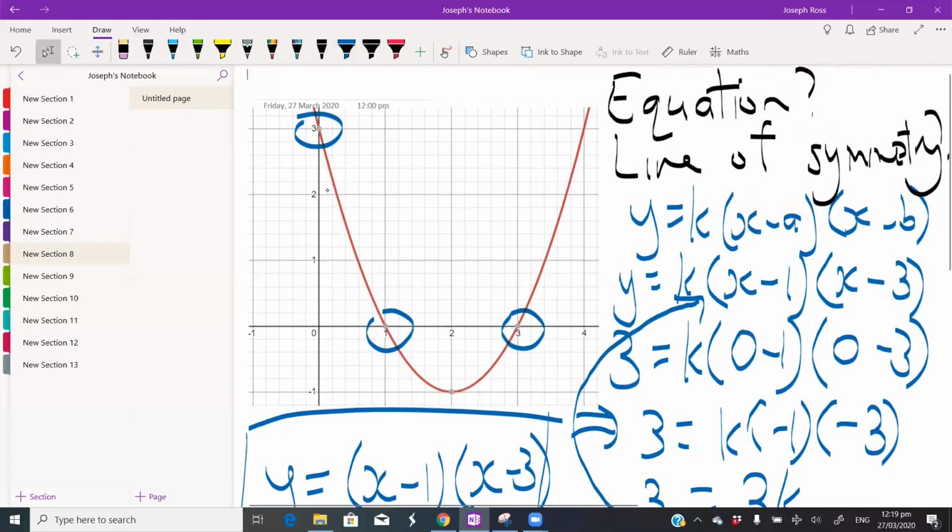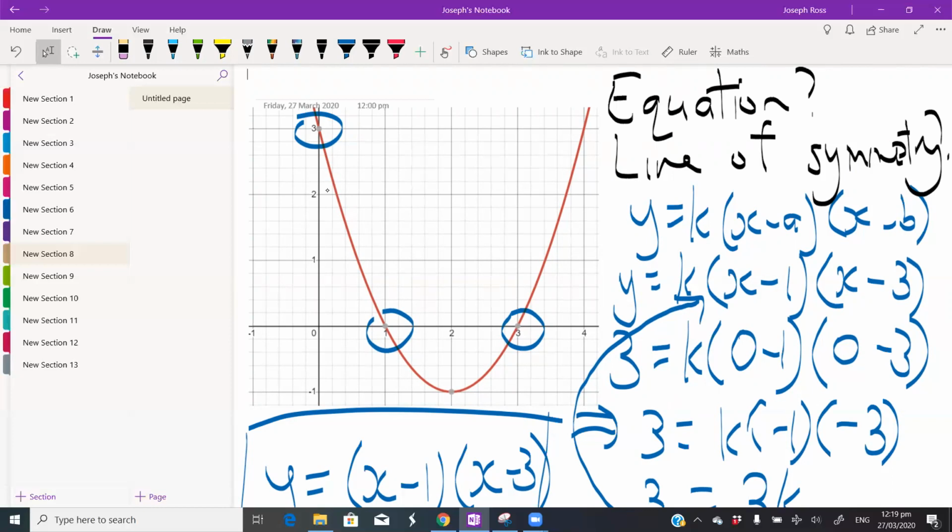And we were also asked about the line of symmetry, but we notice that any parabola is going to be symmetric about a line halfway between the two x-intercepts. So our x-intercepts are 1 and 3, and if we want halfway between them, that's going to be 2. If it's not so obvious where halfway between the x-intercepts is, add them together, so 1 plus 3, and then divide that answer by 2.